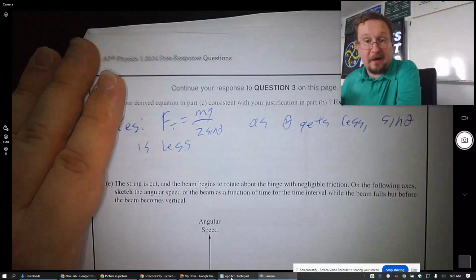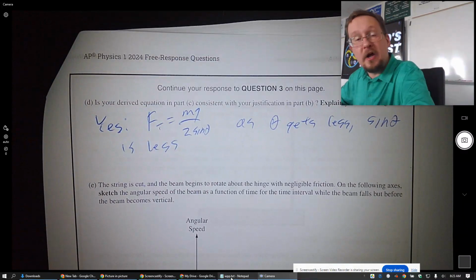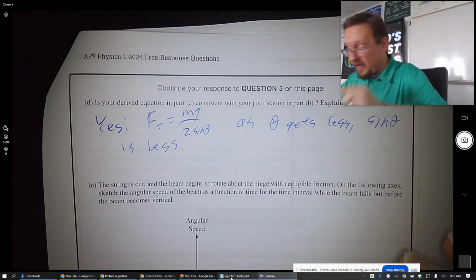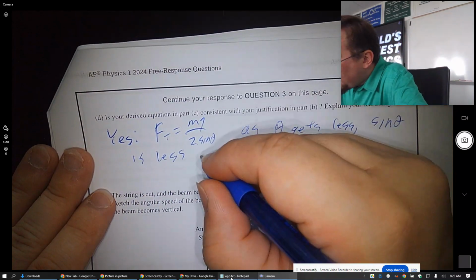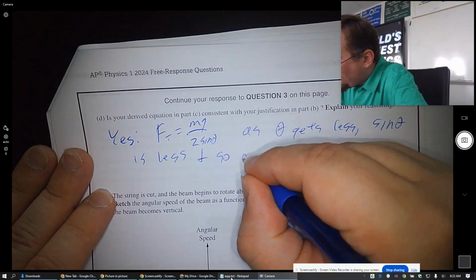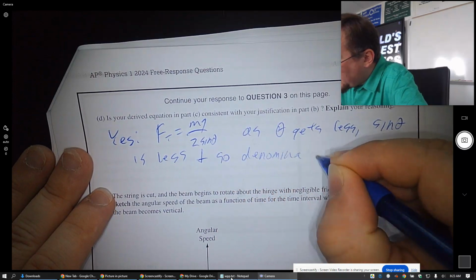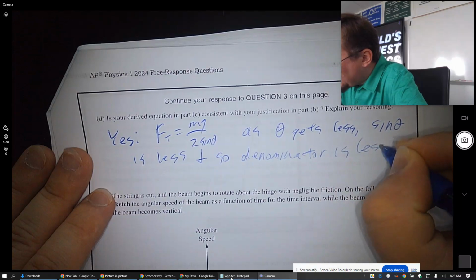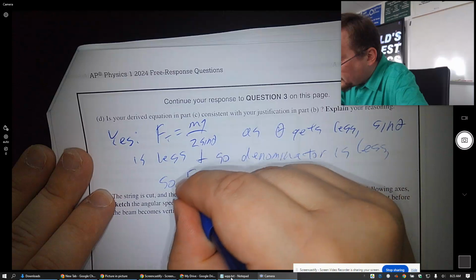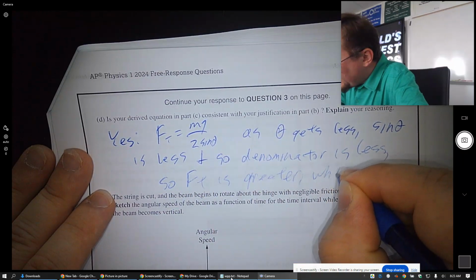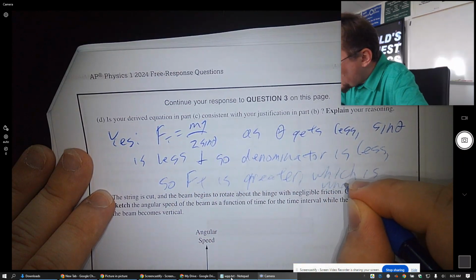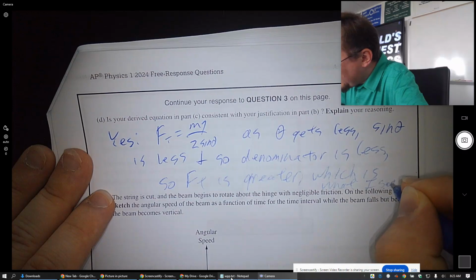So as theta gets less, sine theta gets less. I do train my non-calculus students to look at the formula chart to know that, okay? As theta gets less, sine theta is less. And so the denominator is less, so force tension is greater, which is what I said.